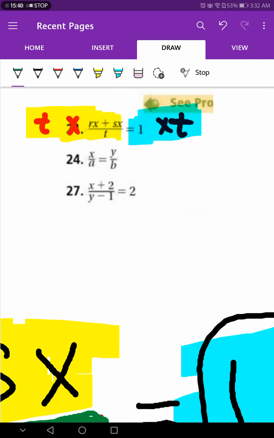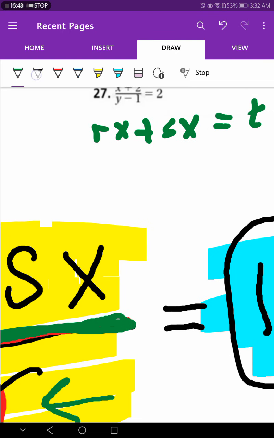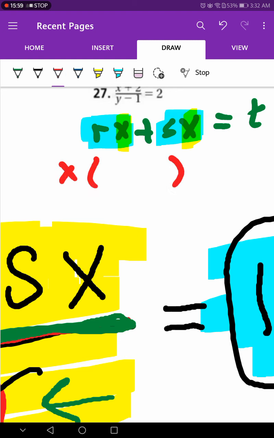After that you get rx plus sx equal t, and you know what we did here. We bring out the common factor, which is x in this case, between two terms. This is the first term and this is the second term. The x is taken outside and draw the parentheses.